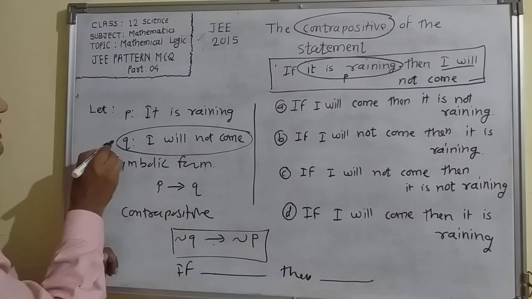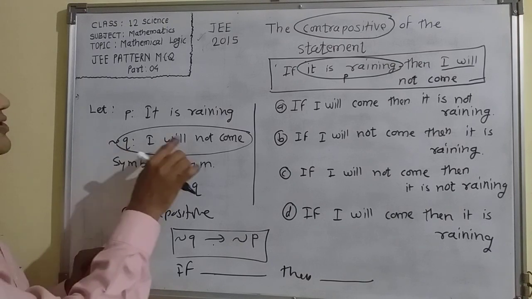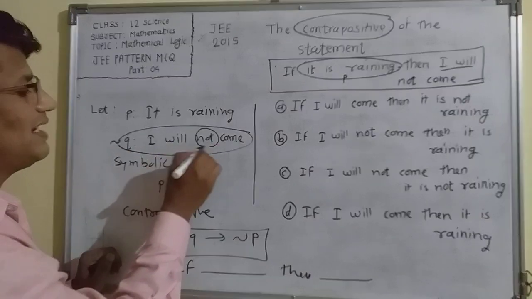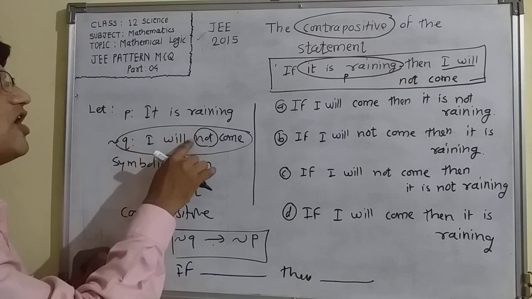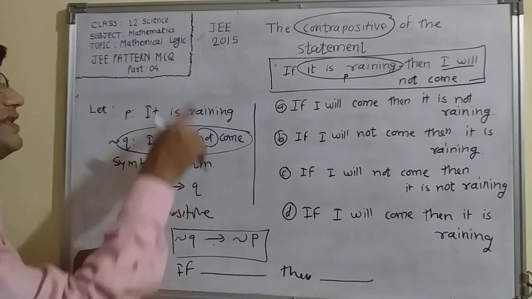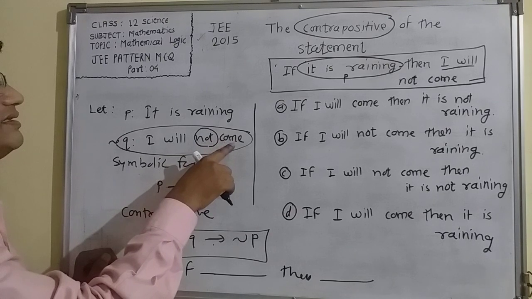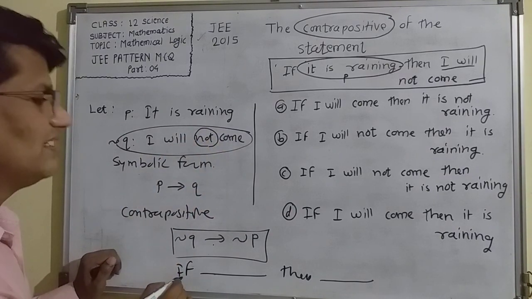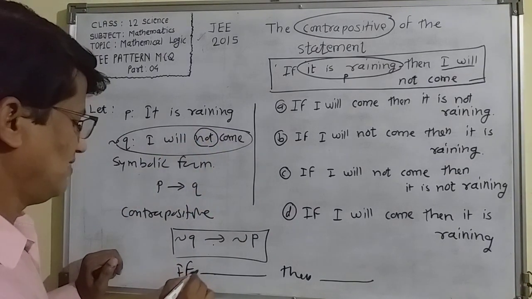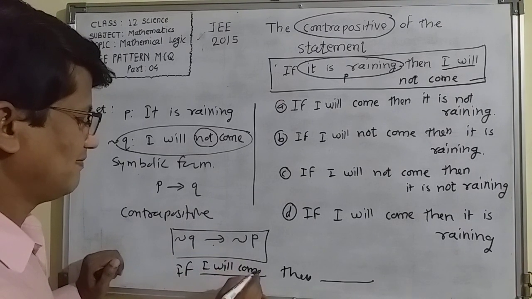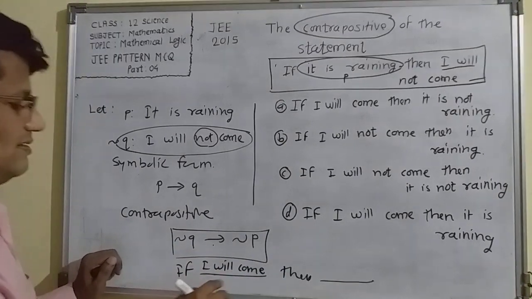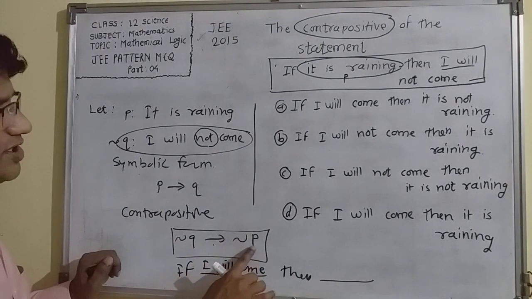If I use negation here, not is already present here, so we have to use not again, which means remove it: I will come. We start with if I will come, if I will come, then what? Negation of P.